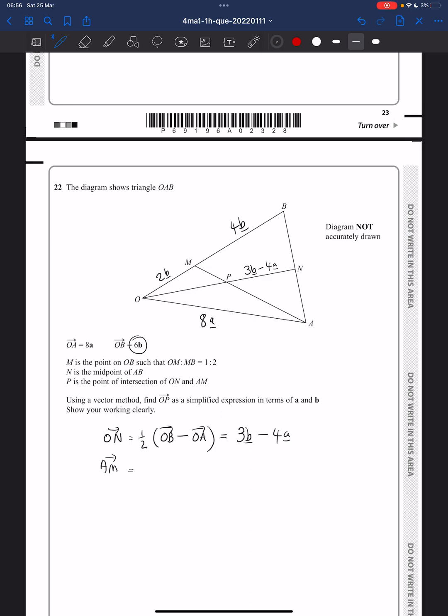A to M is the vector that takes us from A to M, which is O to M minus O to A. So this is 2B minus 8A.